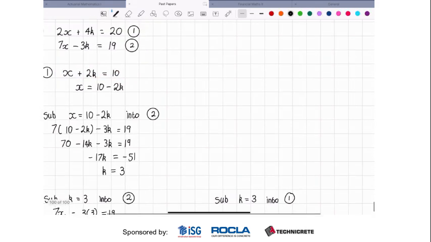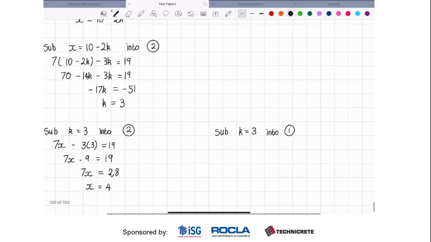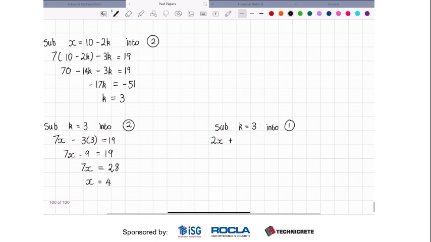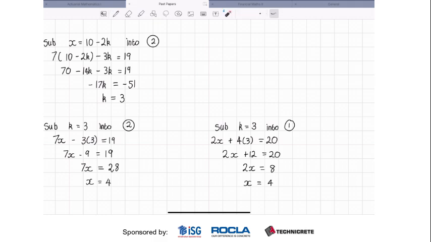So I'm going to use the original one. So I have 2x plus 4k, and instead of k, I'm going to write 3, is equal to 20. Now I take 12 to the other side, it becomes negative, and 20 minus 12 is 8. And I have x equals 4, just like I had when I had substituted it into equation 2.